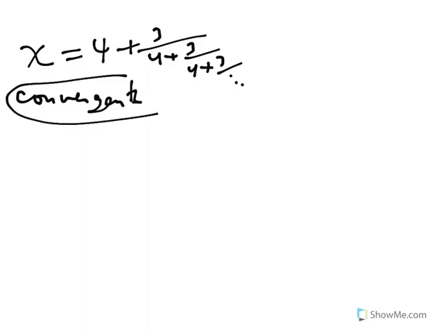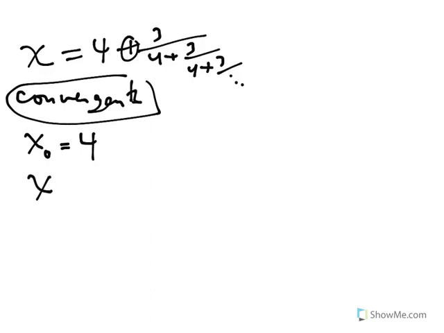What's meant by convergents is, what if I erased everything after the first plus sign? Well, that wouldn't be exactly what this expression equals, but it would be fairly close because it's 4 plus some fraction. So 4 is our first convergent.